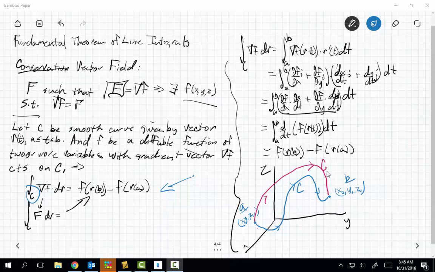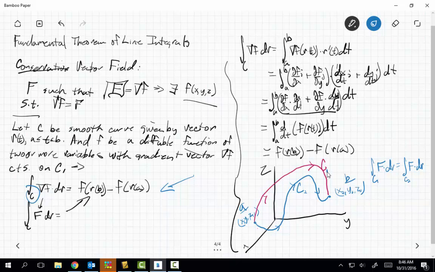Okay, so there's a word for this, of course. If this is C1 and this is C2, and it doesn't matter the path, well, careful. Let's be clear. If the integral over C1 of f dot dr is equal to the integral over C2 of f dot dr, remember, the vector field doesn't change, the path changes, right?